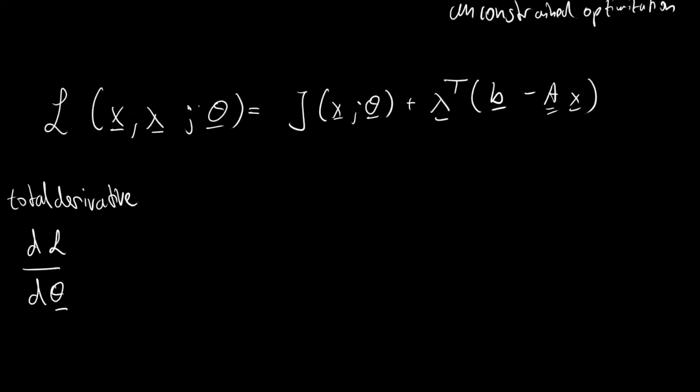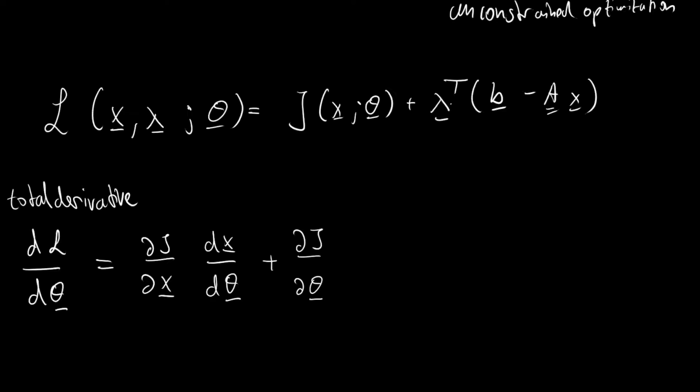It is just a multiplier. And then we have the explicit dependency. So we first have the partial j partial x, and then total x by total theta. So we have propagated our derivative here. Then we also have to account for the potential explicit dependency of the loss function on theta. So plus partial j partial theta.